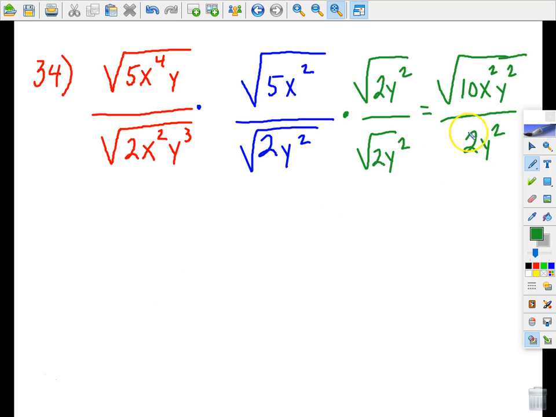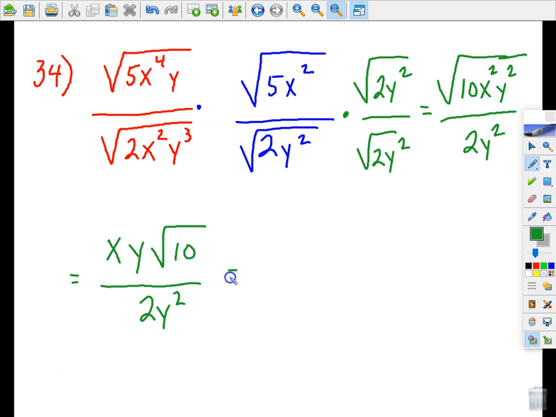Hopefully, without writing two separate radical factors, you can see that that's just going to be x, y. These are both perfect square variables. Square root of x squared is x, square root of y squared is y. And the square root of 10 cannot be simplified, over 2y squared.